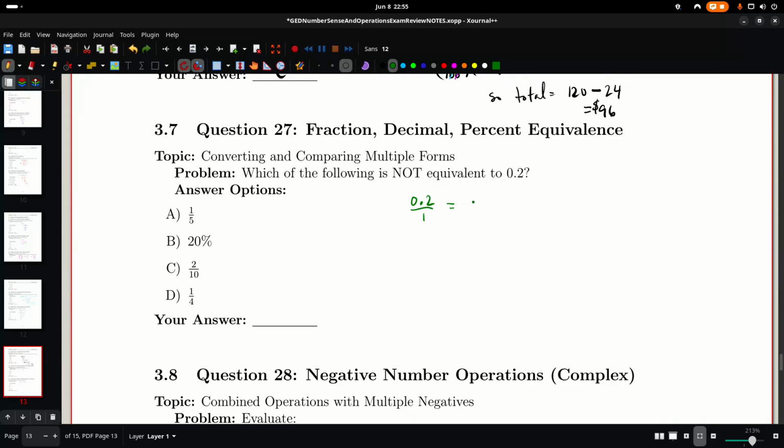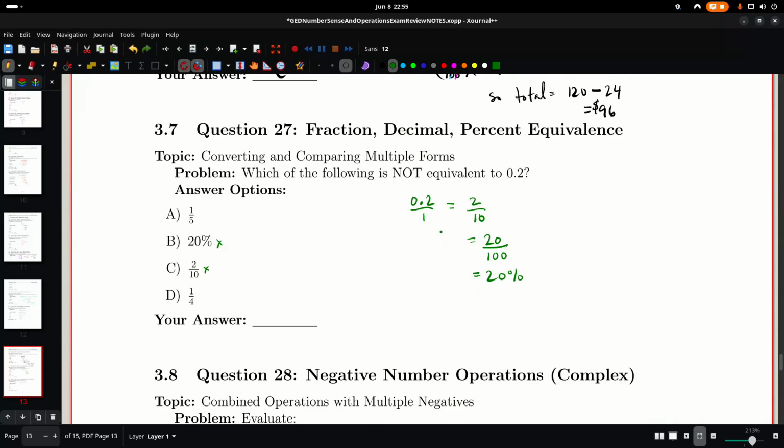And that's the same as writing 2 over 10. It's also the same as writing 20 over 100 if we multiply both the numerator and the denominator by 10 again. So we know it can't be 2 over 10 because it is equivalent to 2 over 10. This is the same as 20%, so it can't be selection B.